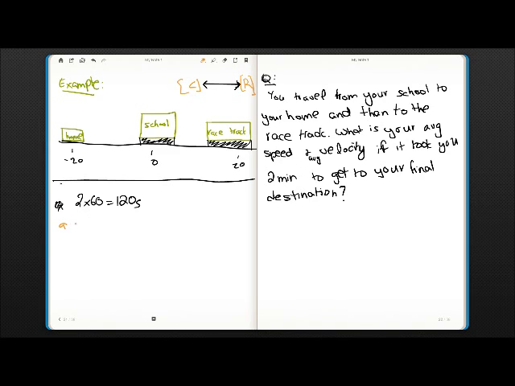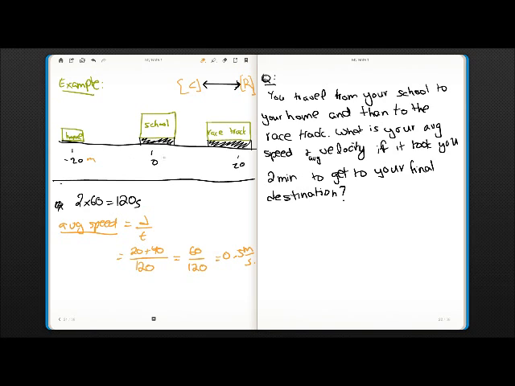Average speed is distance over time, and the distance is 20, then you went 40 to the racetrack. So the total distance is 20 plus 40, which is 60, and the total time is 120 seconds. 60 over 120 gives us that the average speed is 0.5 meters per second.